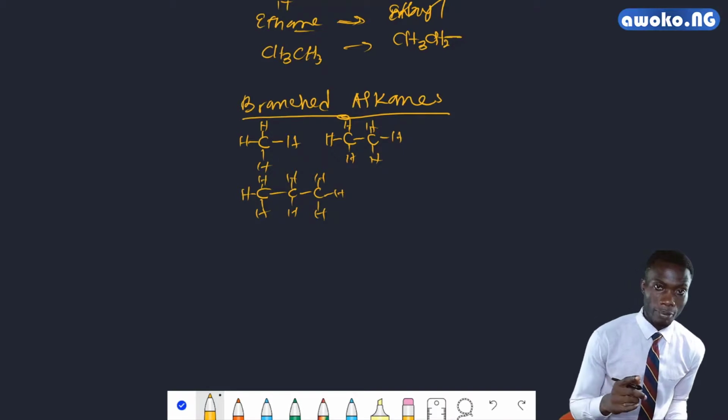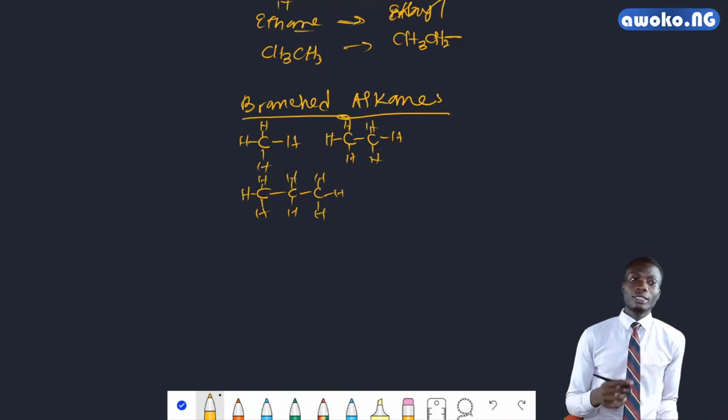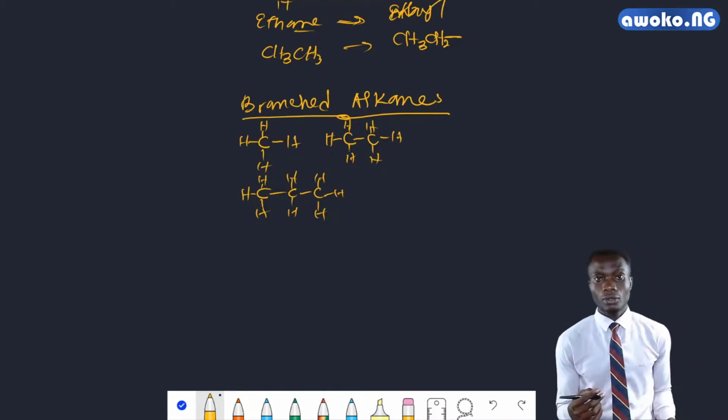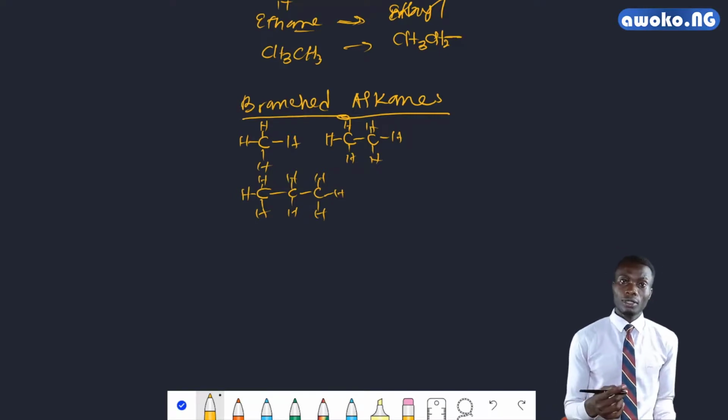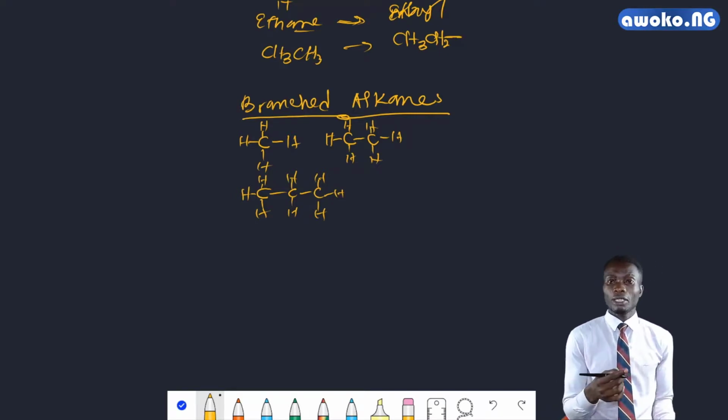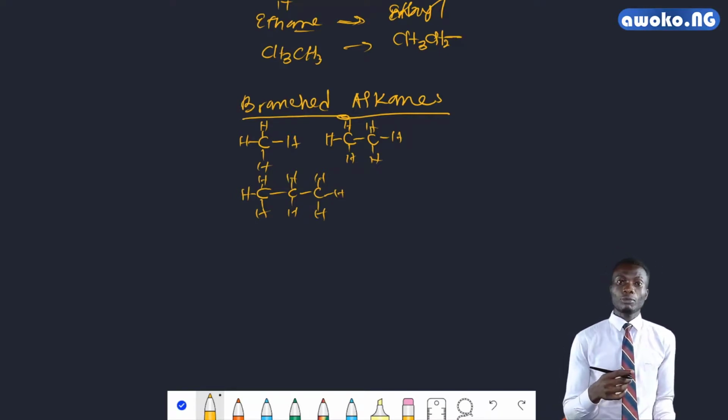It is important because you will actually see this in your MCQs, your objectives, and then it possibly can come out as a theory question to write on isomerism. So it is important to know that isomerism starts from butane. That is a way of arranging that structure so as to get a different structure with a different name.